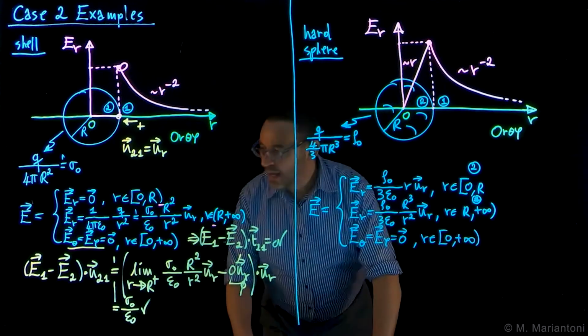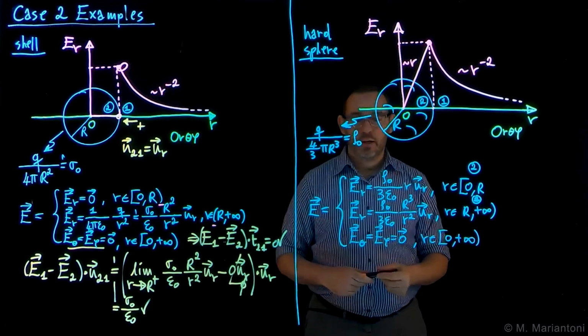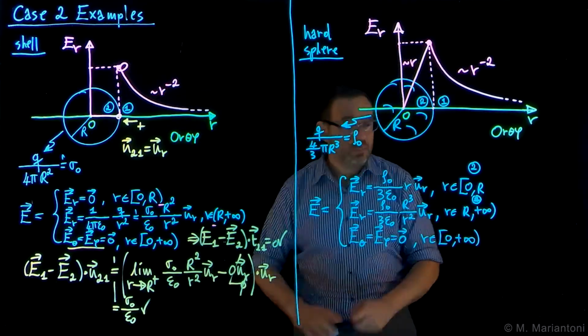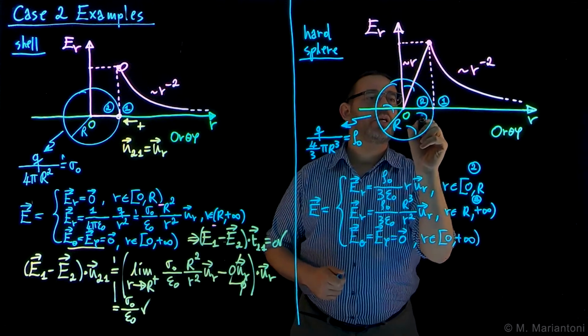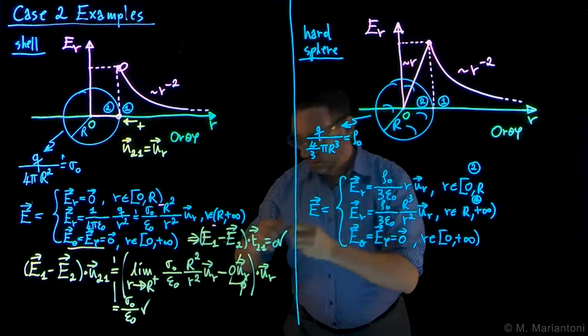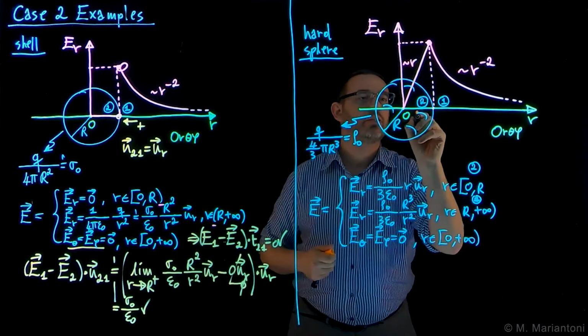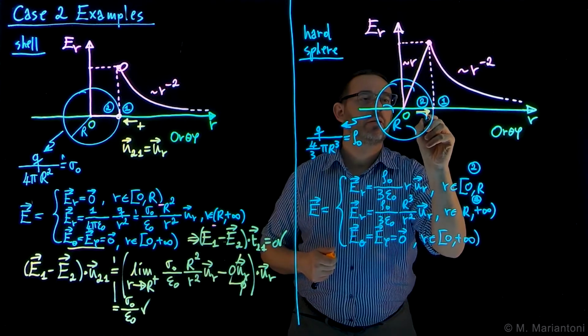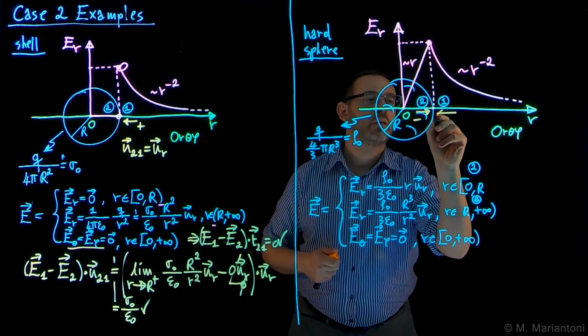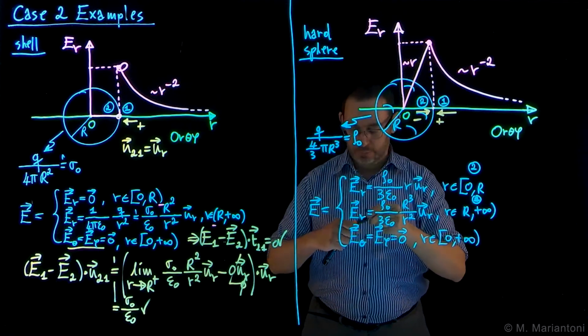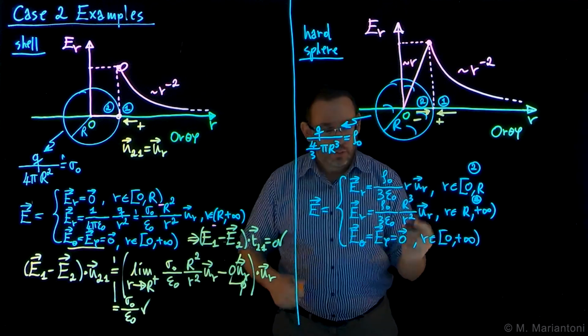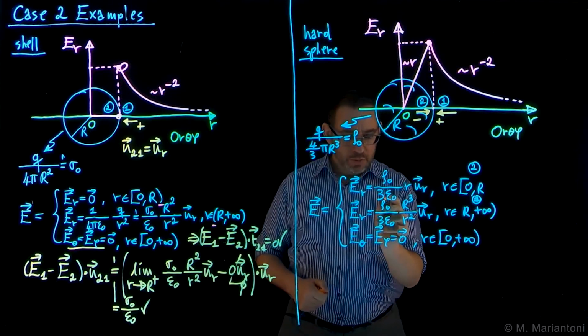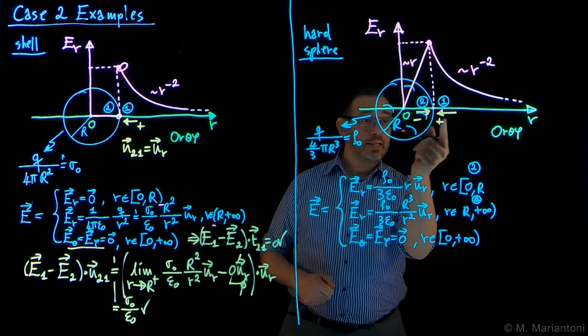Okay, so now let's see what happens if I perform the limits approaching capital R from inside and from outside. So these two limits. This is the minus limit, and this is the plus limit.